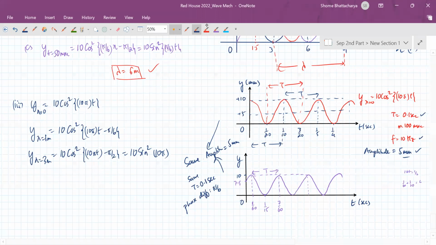Okay, so in comparison, you can see the third one has a phase shift of pi/2 compared to the first one.